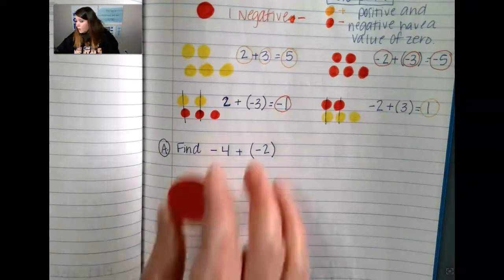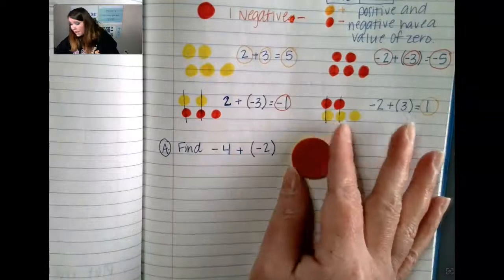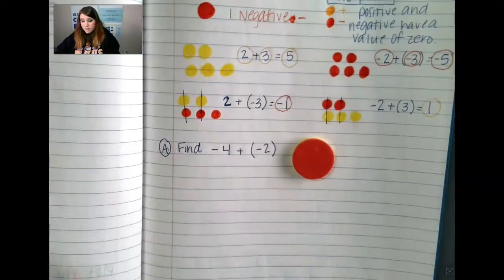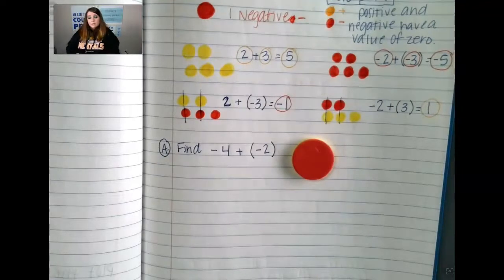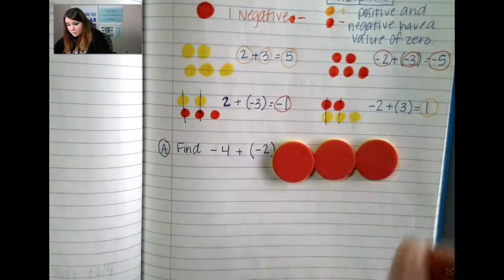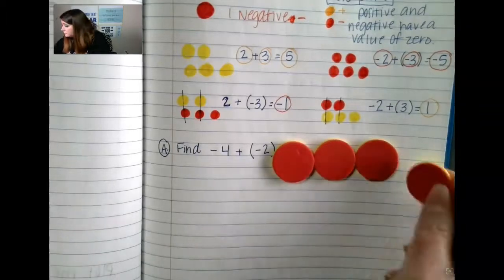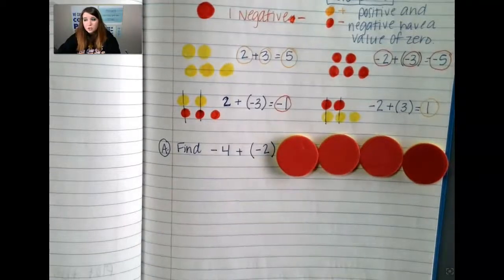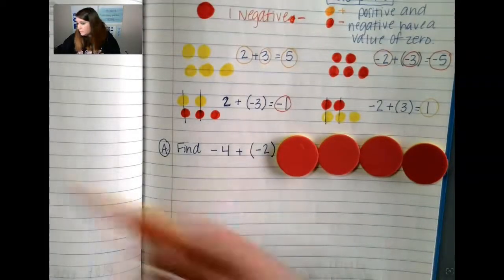Okay, so -4. I know that negative means red, so I'm going to need 4 red chips. So to model this, I'm going to take 4 red chips and put them next to each other. I'm then going to add on 2 more red chips.